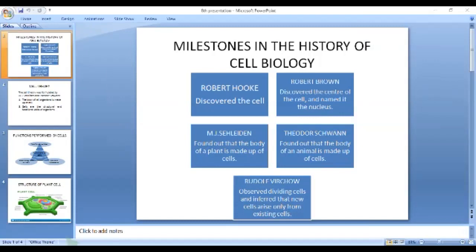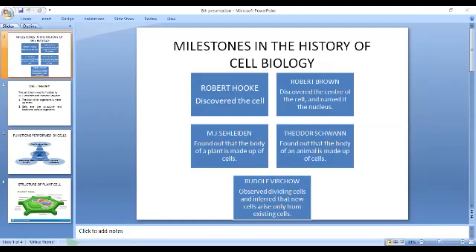So Robert Hooke observed the tiny chambers and called them cells. Robert Brown found out that these tiny chambers have a center, and he named that center the nucleus.